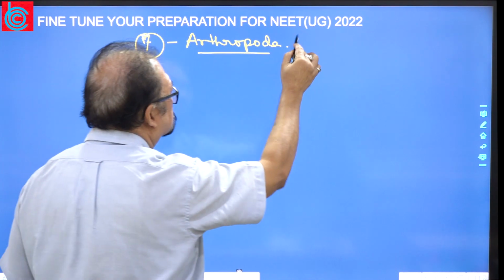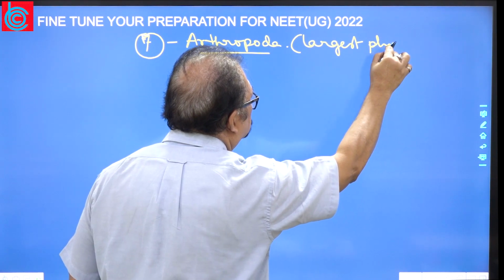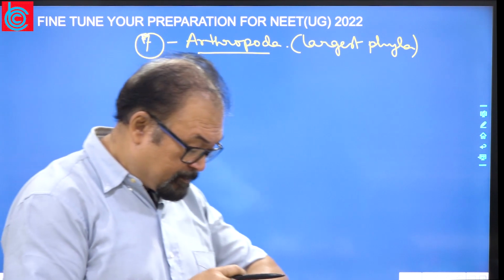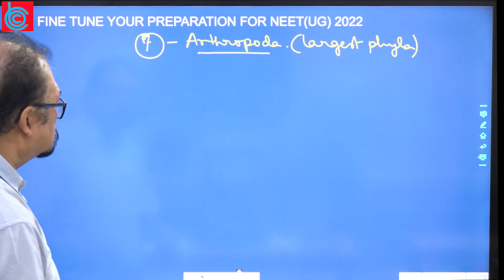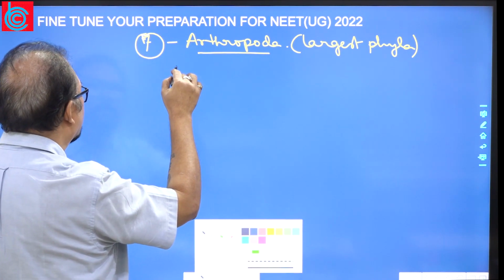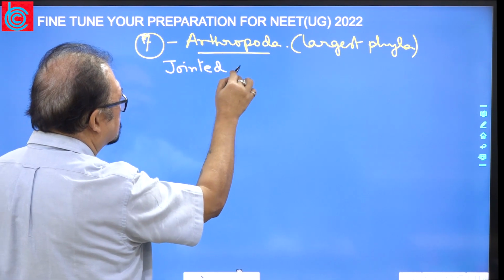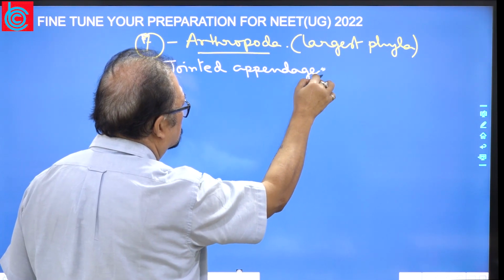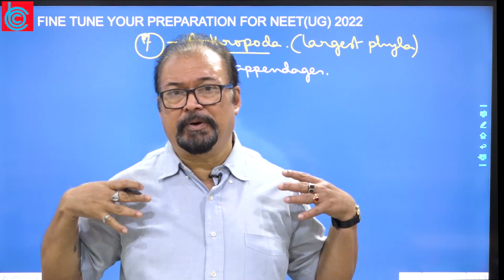Arthropoda. Largest phylum. Maximum number of animals are present in Arthropoda. Jointed appendages. Our appendages are not joined.